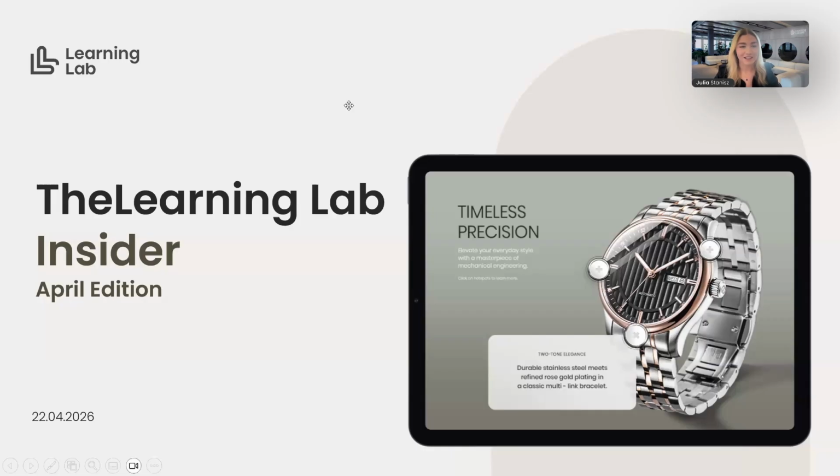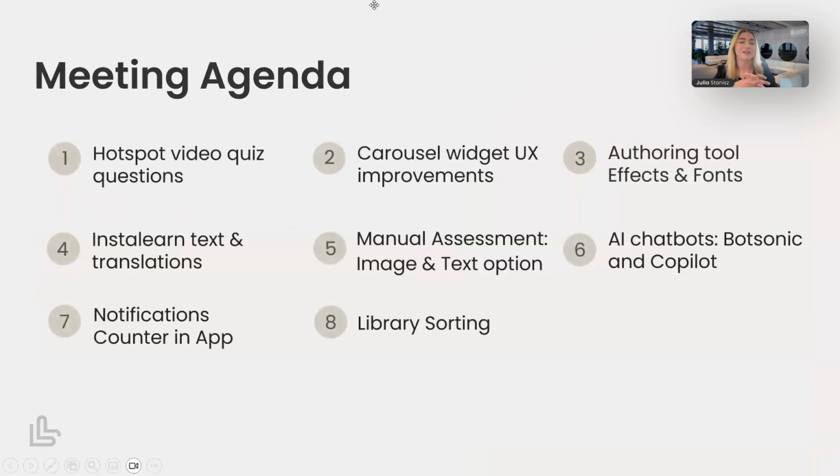So in terms of our agenda for today, we have quite a few points to address. We'll start with a fresh new update related to authoring tool improvements, such as Hotspots, Carousel, Widget, and some text effects in the authoring tool editing.